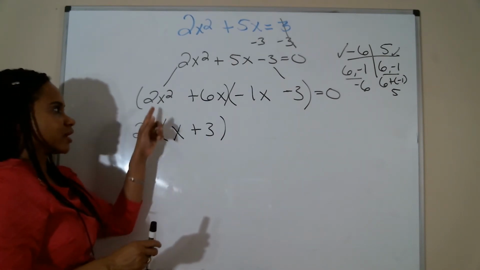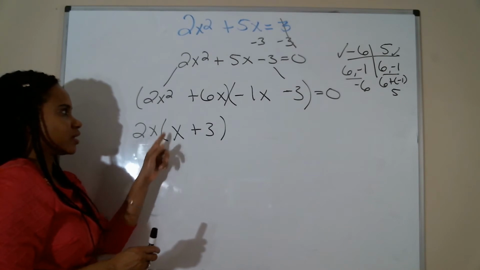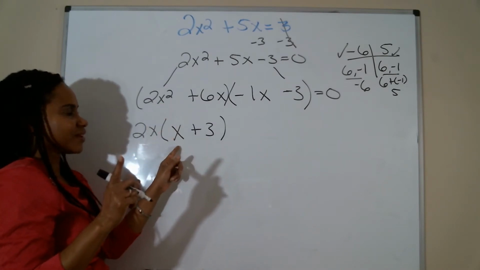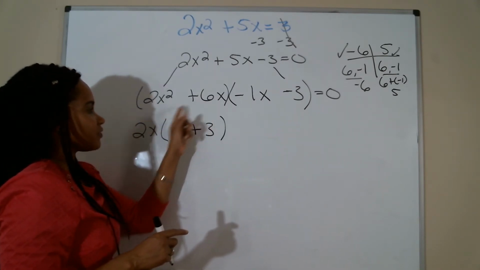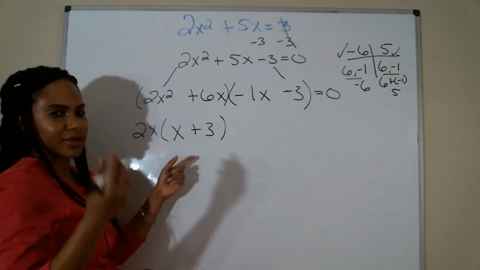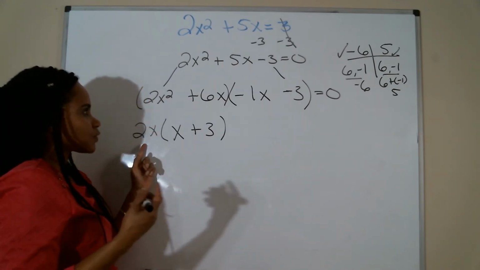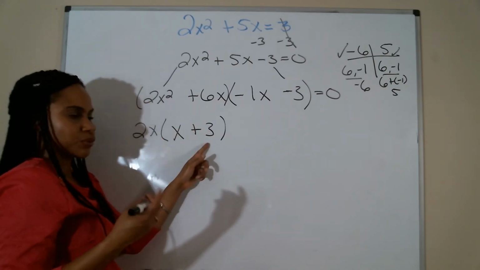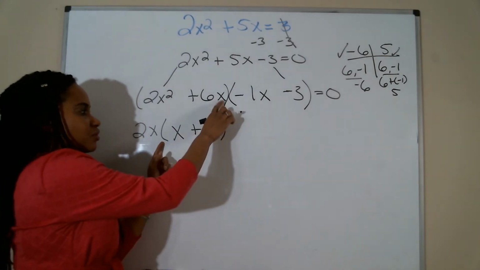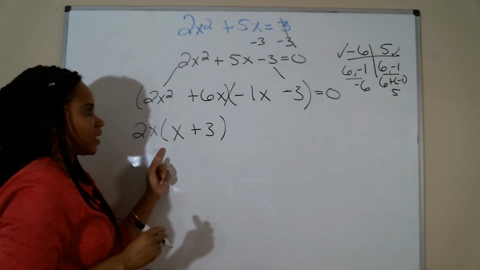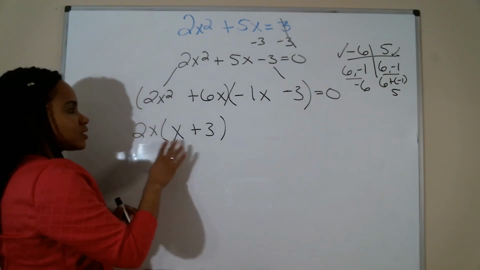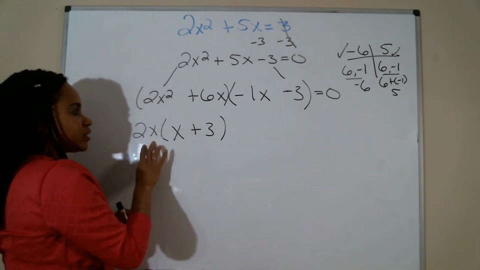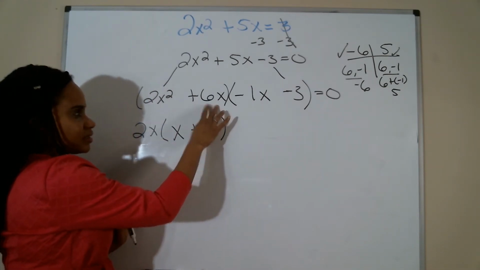Or you could say I took a 2 away, I took an x away, and now I'm left with 1x. Here, 6 divided by 2 is 3, or you can ask yourself, 2 times what will give me 6? 2 times 3 will give me 6, and you took away that x. To check it, you could say 2x times x is 2x squared, and 2x times 3 is 6x.